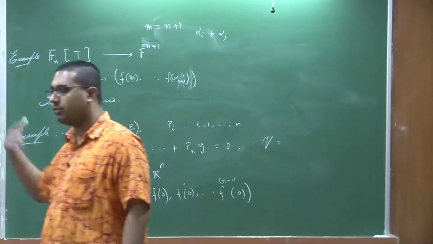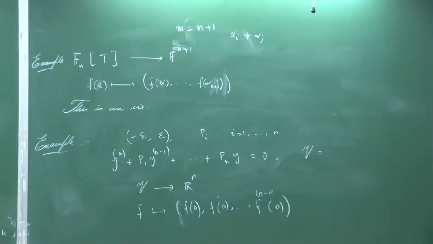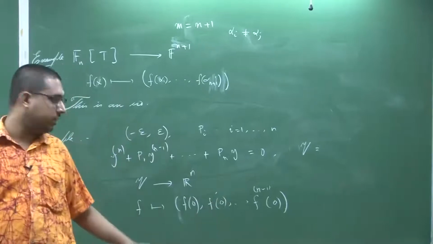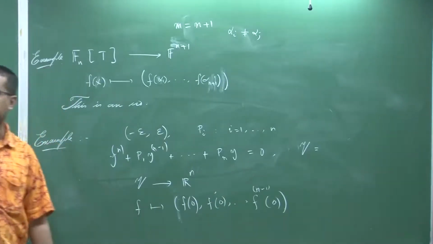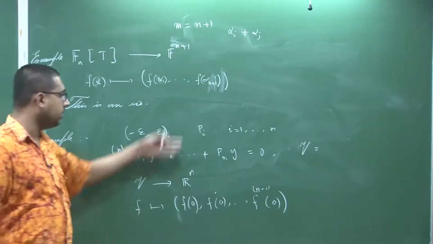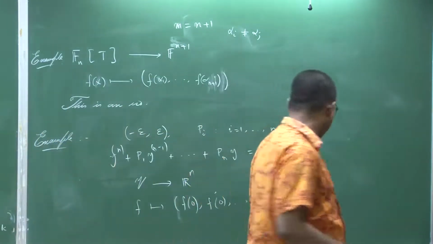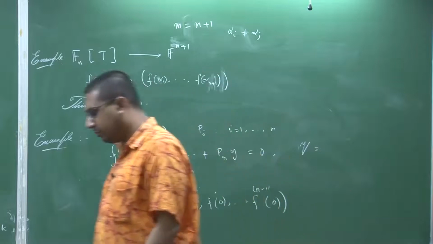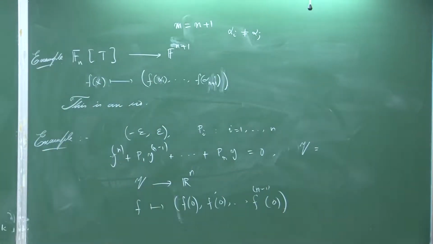So, I am using results from the theory of differential equations. That guarantees the kernel is trivial, and at the same time the dimension of V is n. So, now using the equivalence, we see that this map turns out to be an isomorphism.